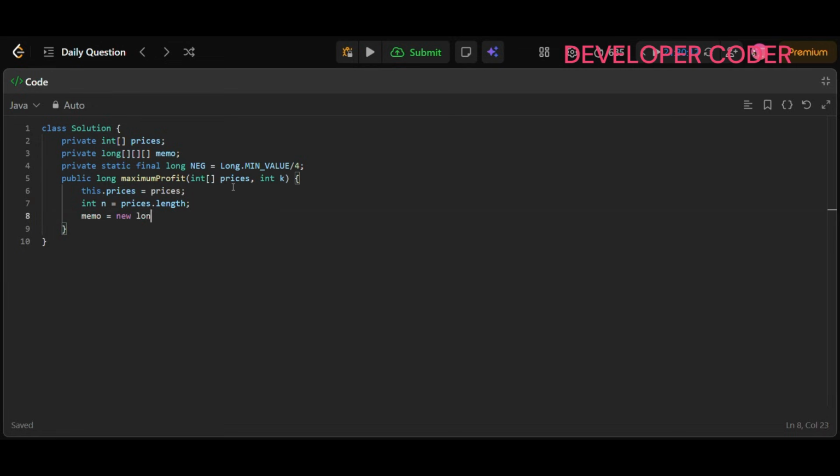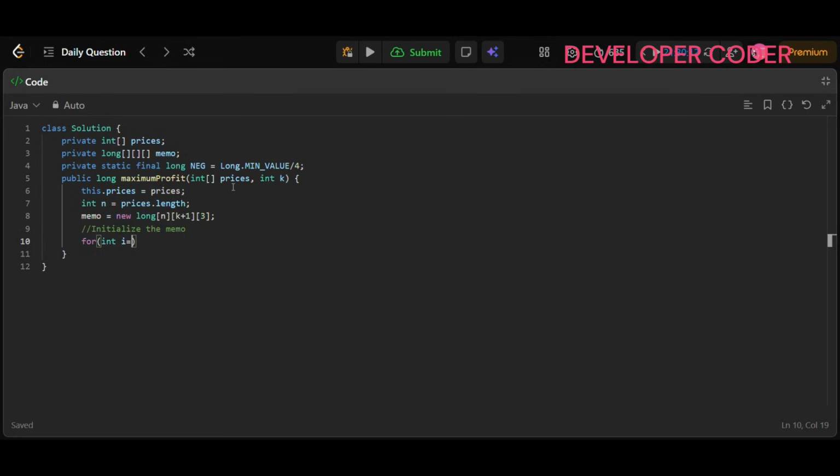So new long, and here you have to write n, and here you have to write k plus 1, and here you have to write 3, only 3 states: 0, 1, 2. Now here you can initialize the memo.